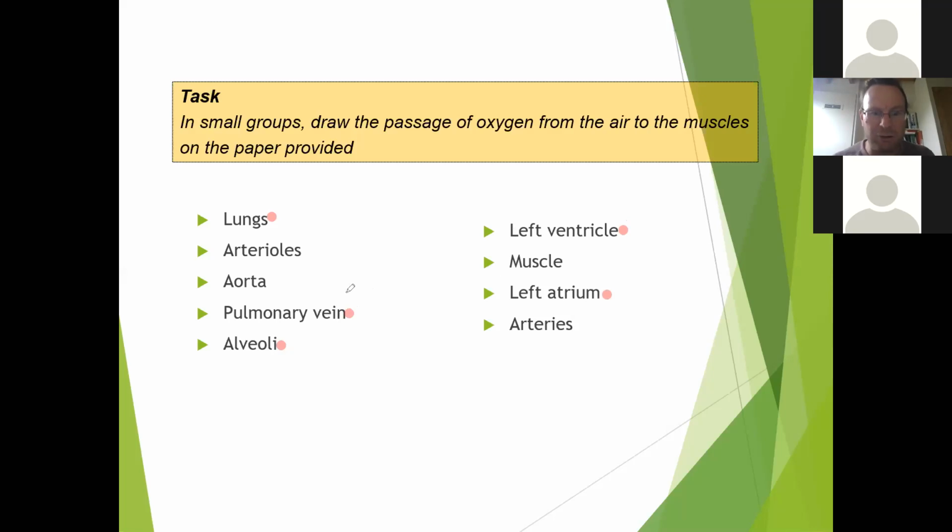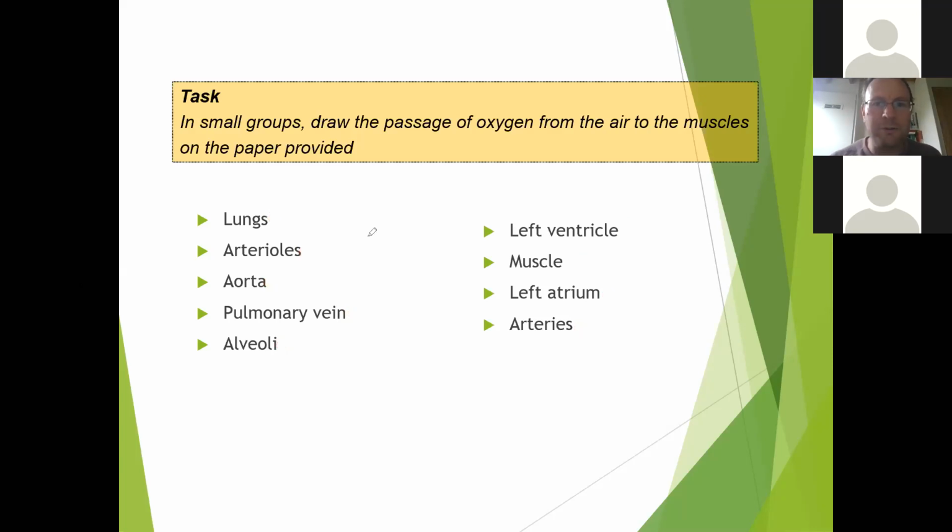That leaves the heart at the aorta, travels through arteries, then arterioles, and then finally ends up at muscle. So as long as you've got that somewhere in your diagram, then you can give yourself a little pat on the back. So well done.